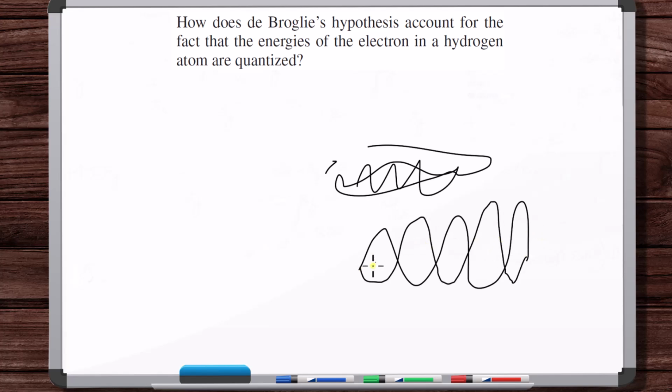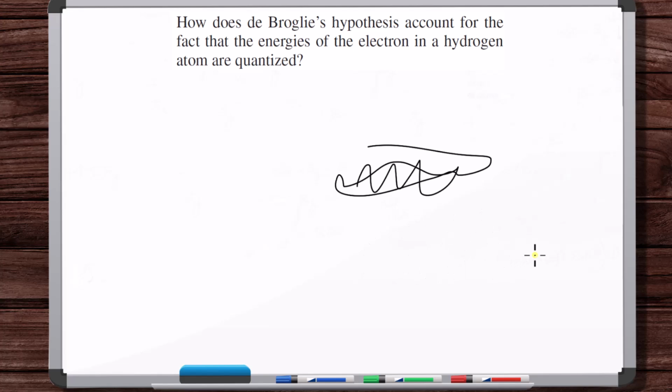And if you keep increasing the frequency, it just jumbles all over to nothing until you get to another quantized frequency. Then it becomes another kind of standing wave. And so that's how de Broglie accounted for these quantized energies of the electrons, because of wave-particle duality.